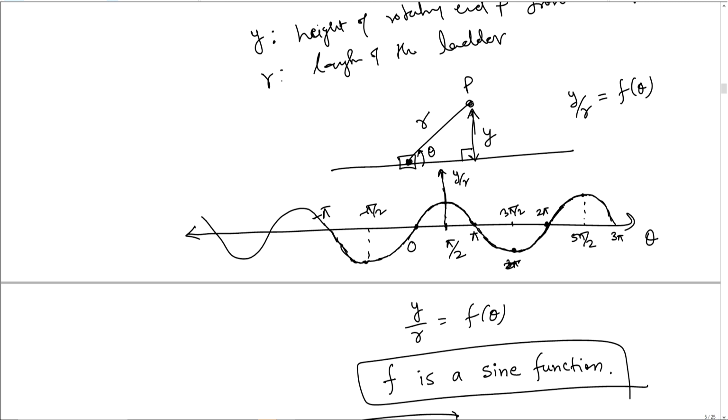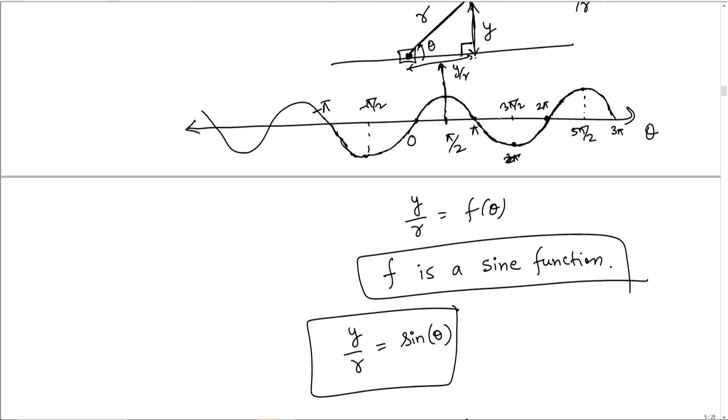When we are measuring the height of this point P from the ground, if we think of this as a triangle, then this is already a right angle triangle, this is the 90 degrees. We call the length of the ladder the hypotenuse of a right angle triangle, and this height of point P from the ground is called the perpendicular, and this is called the base, the horizontal distance of the origin with respect to this point. So, this is a right angle triangle.